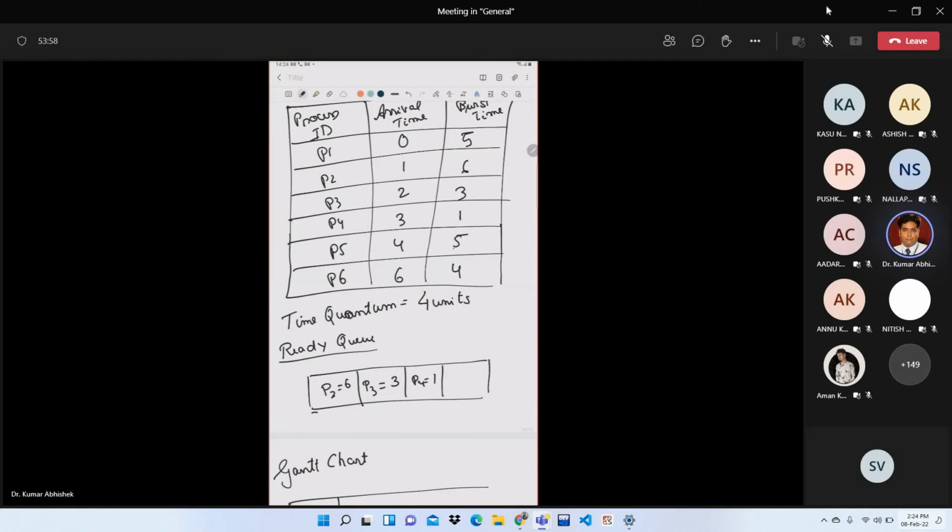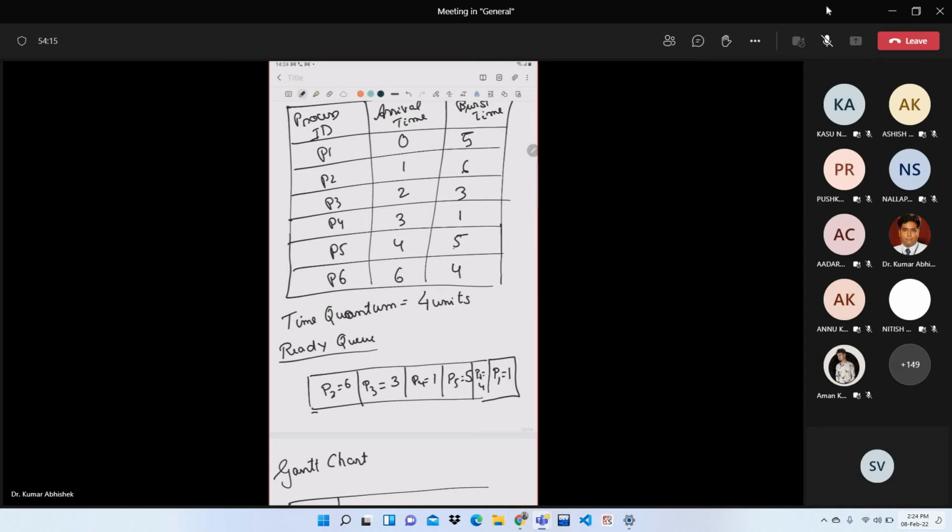P4 equal to 1, P5 equal to 5, P6 equal to 4, and we have P1 equal to 1.